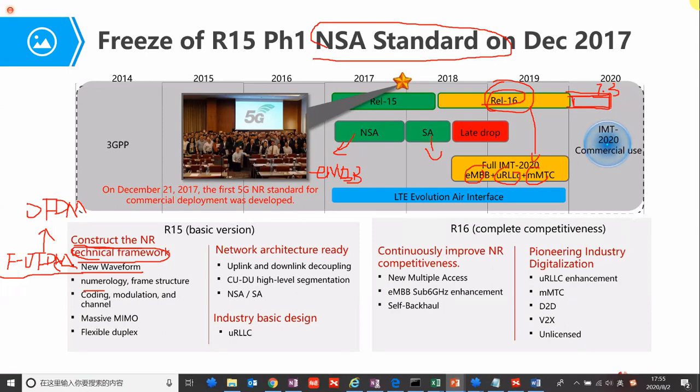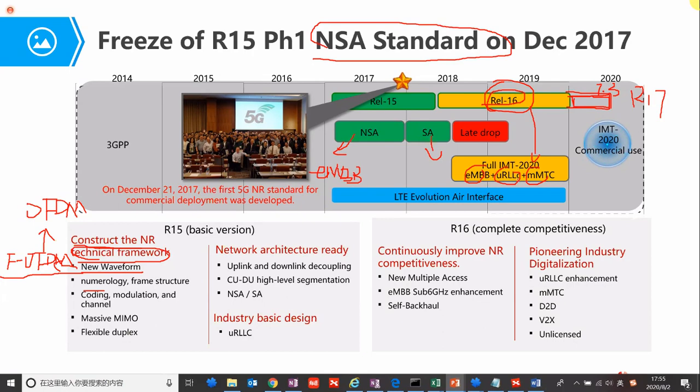Massive machine type communication will still be worked on in future 3GPP releases to satisfy the key performance indicators. So the main focus of release 16 is to satisfy URLLC.